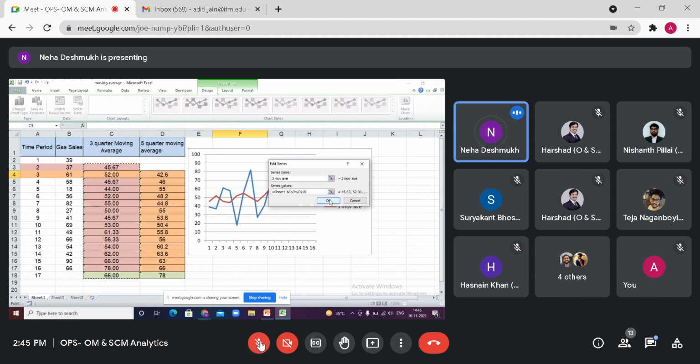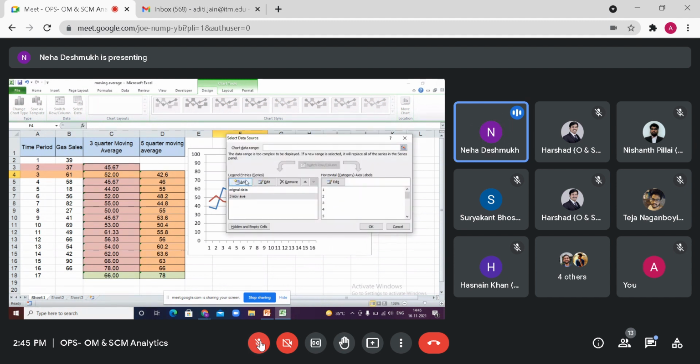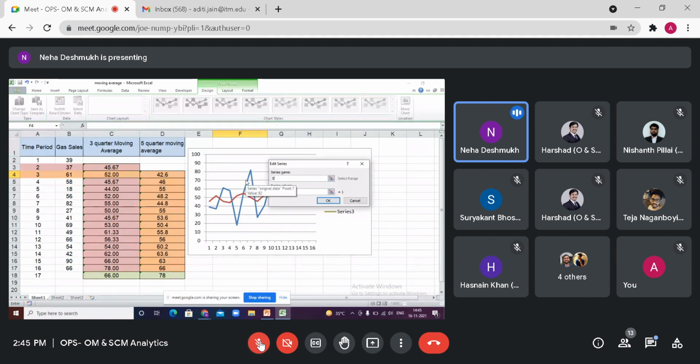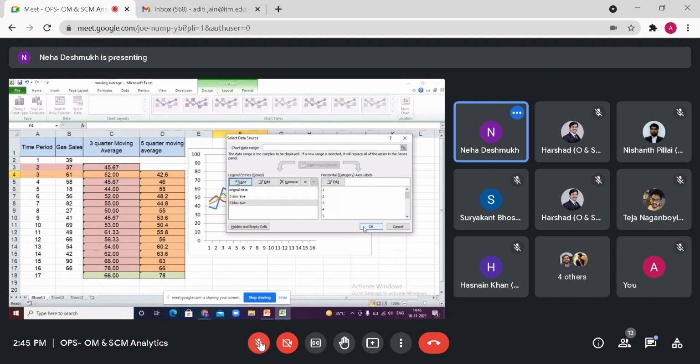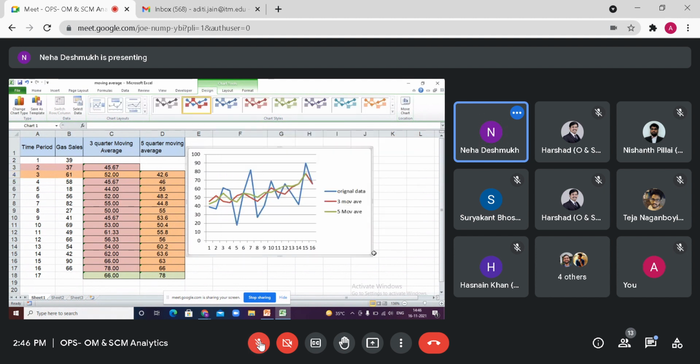Right? Okay. Add the five moving average like this and okay.